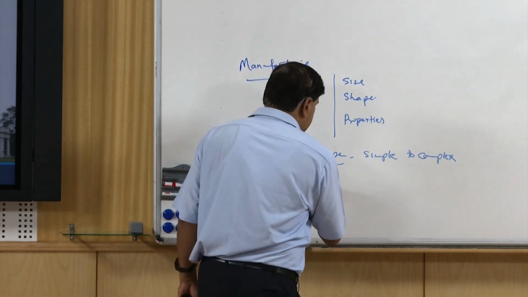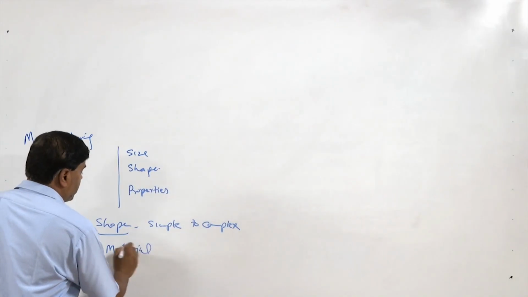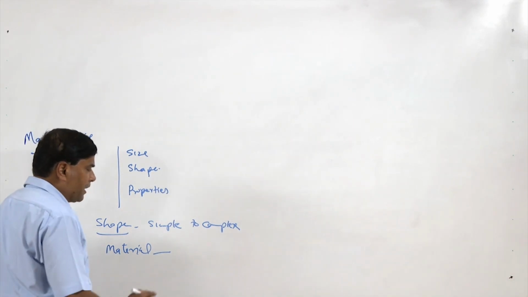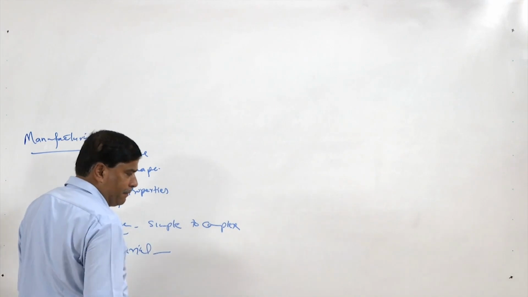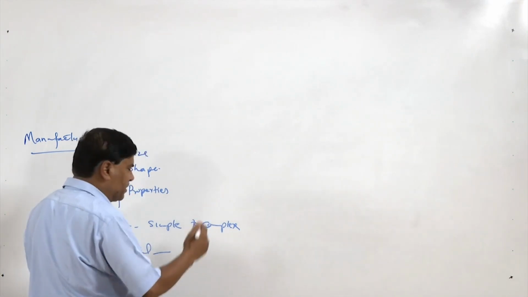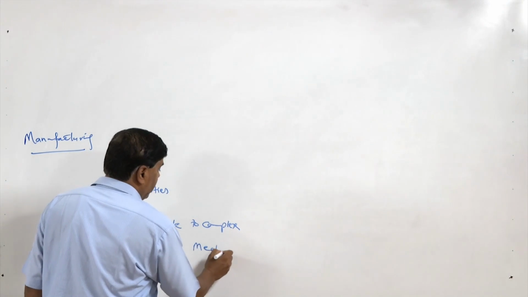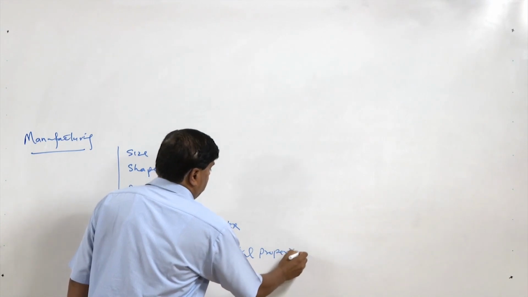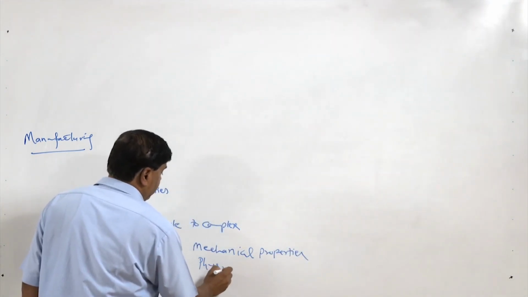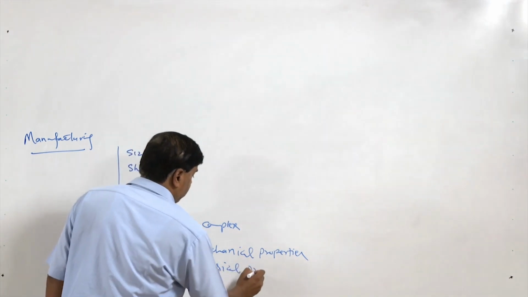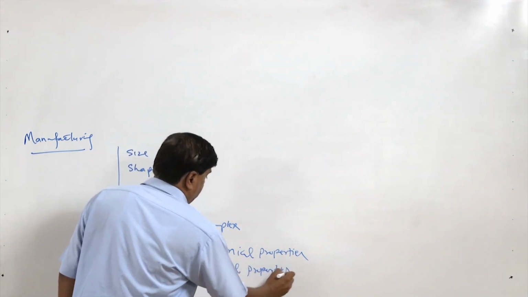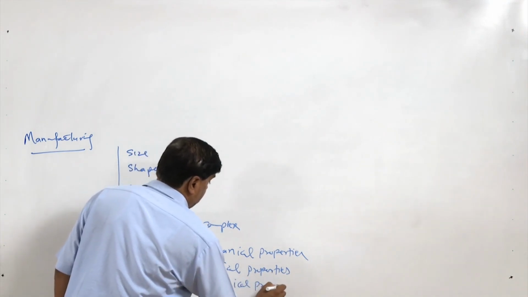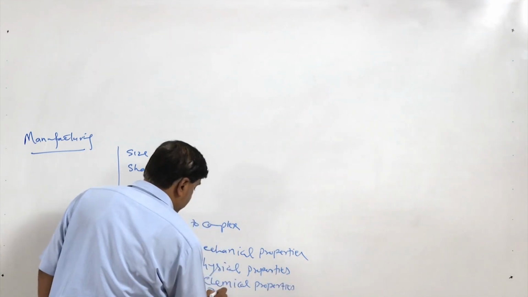And similarly, if you see the kind of material that we have to process to manufacture the products of requirement, the range of materials to be processed in manufacturing can vary significantly in terms of the mechanical properties, physical properties, chemical properties, and the dimensional properties.